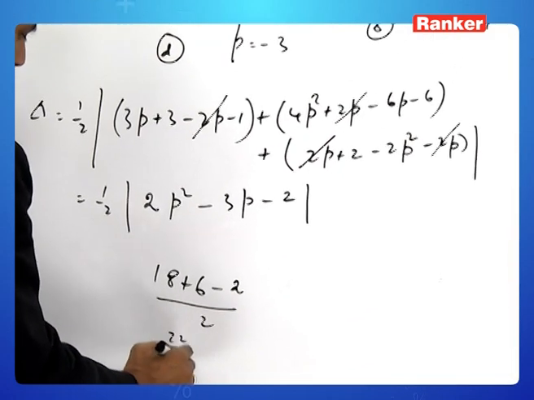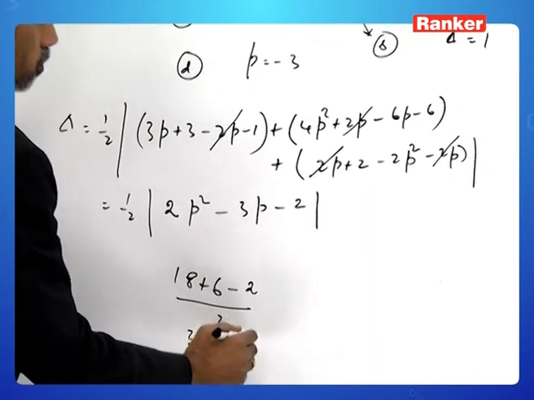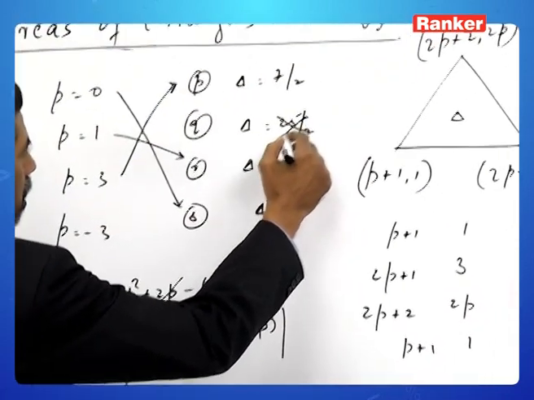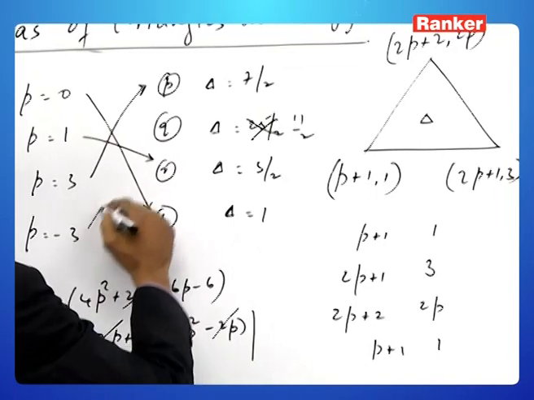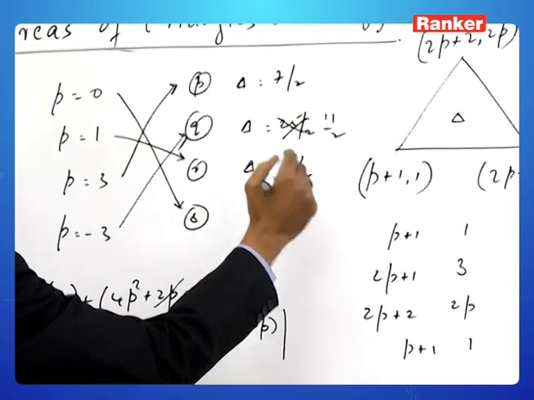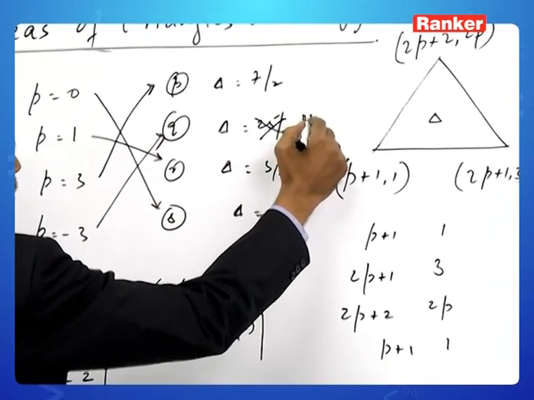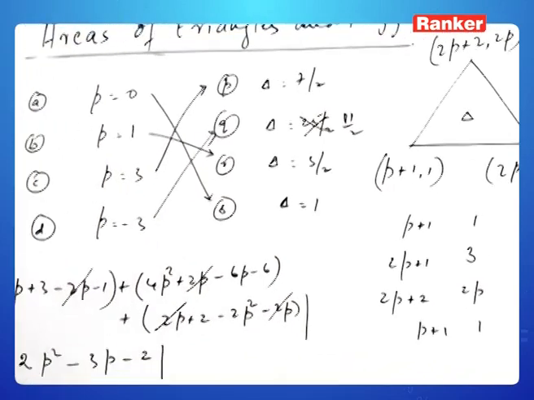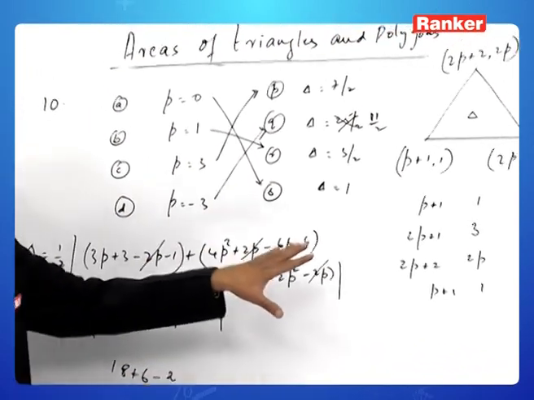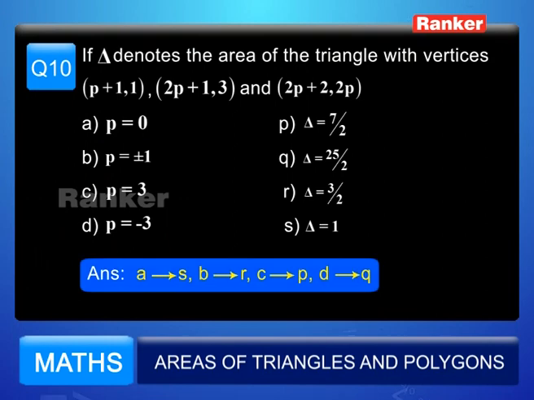So, 22 by 2 should become 11 by 2. So, possibly this option will be 11 by 2. So, it can be mapped onto that. So, that could be an error in the options. So, just find out the general triangle area in terms of p and then keep on replacing p with the different values.